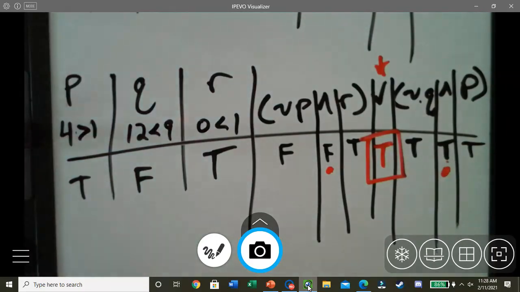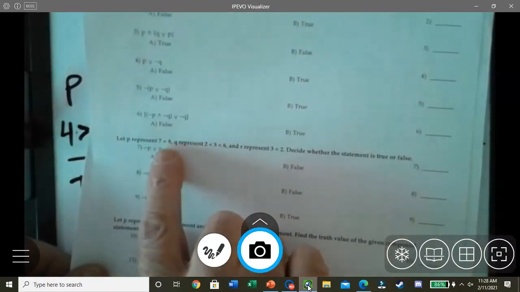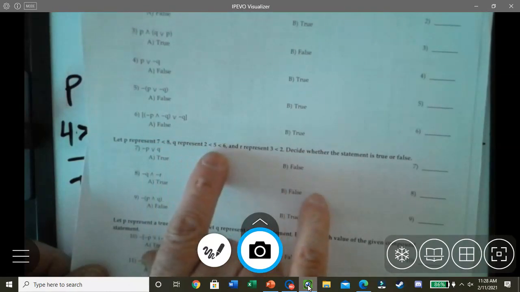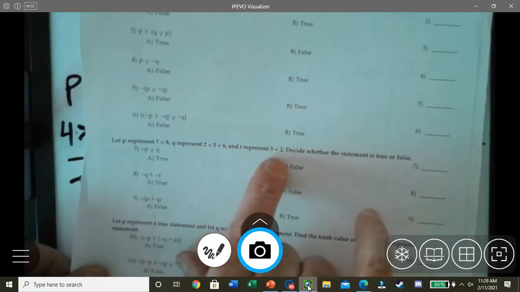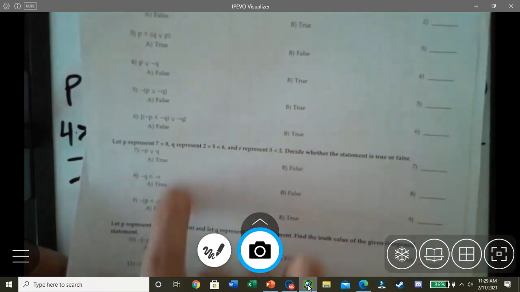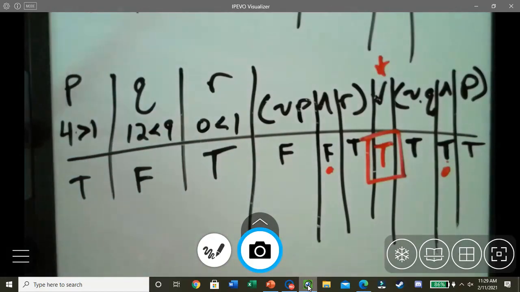What they'll show you on the homework is they'll tell you P represents 7 is less than 8, Q represents 2 is less than 5 is less than 6, and R represents 3 is less than 2. Then you'd have to construct your own truth tables from that. But it's the same process as what we've been doing right here. All right, questions with that?